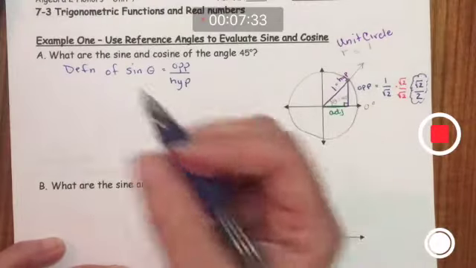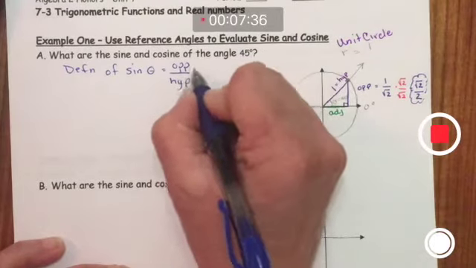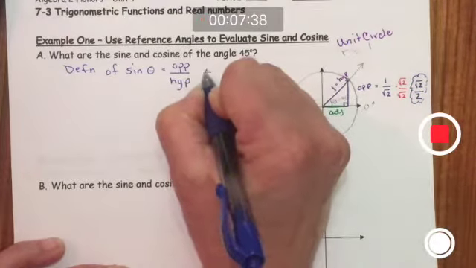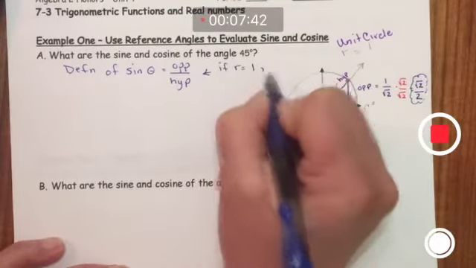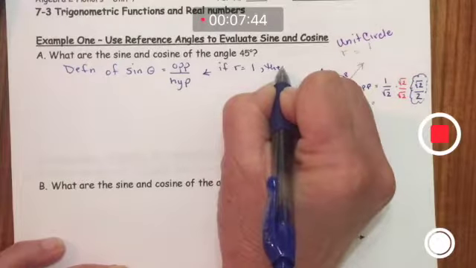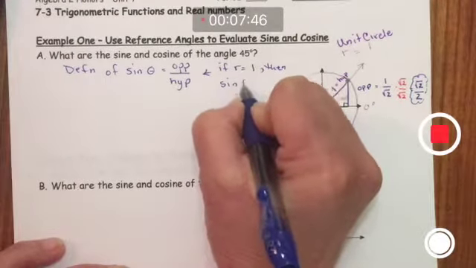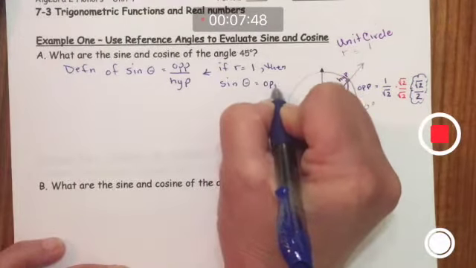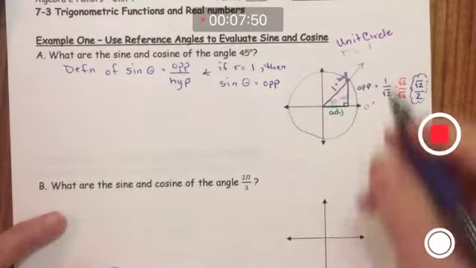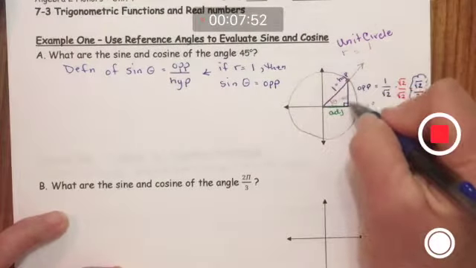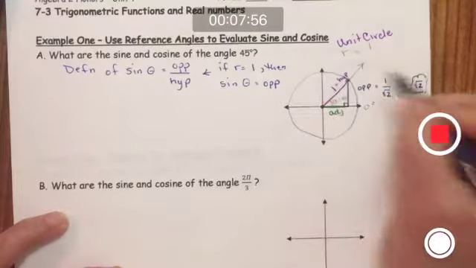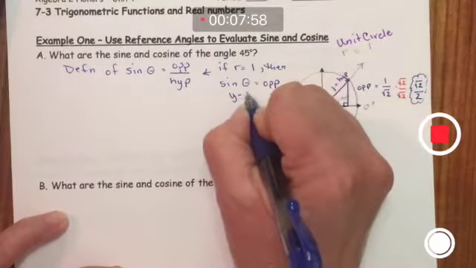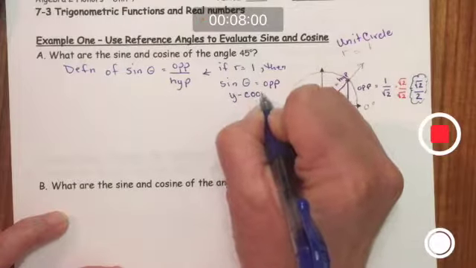And so let's write that. In a unit circle, if the radius is 1, then my sine is simply going to be the opposite length. Notice that this opposite length, if I'm thinking of this as the origin, is also the y-coordinate of that point right there.